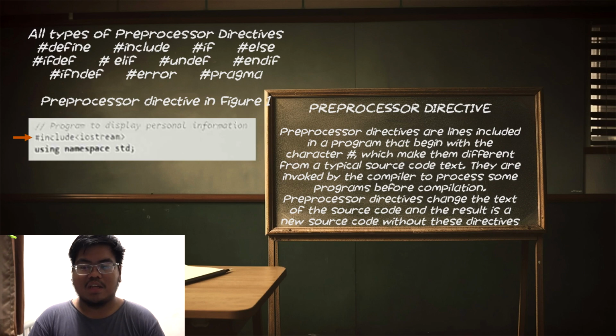Preprocessor directives change the text of the source code and the result is a new source code without the directive. The types of preprocessor directive are #define, #include, #if, #else, #ifdef, #elif, #undef, #ifndef, #error, #pragma. So the preprocessor directive in figure 1 is #include.